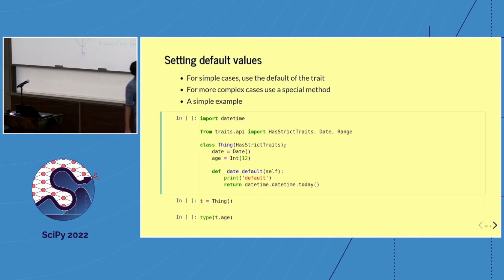So date is also a trait, so this is again going to constrain you to date time objects. Now what you can do is define this magic method called _date_default. It's not going to be called by default, but whenever someone asks for a date, this method will be called, and then it will be set to this default. So let's try this.